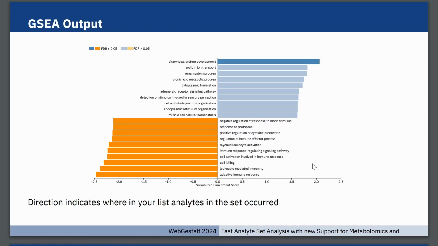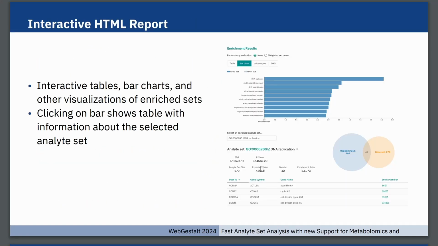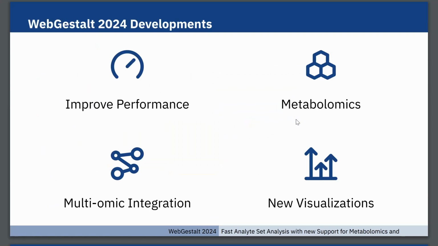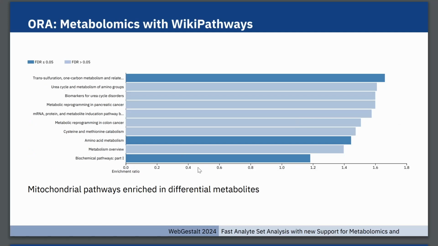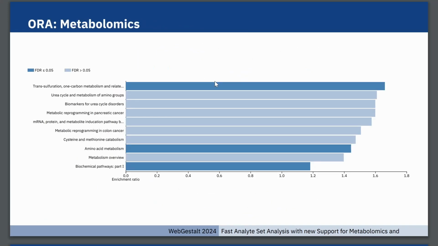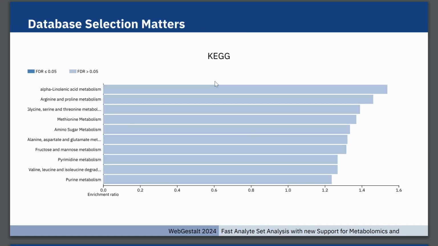How overrepresentation analysis is usually plotted is not actually by the p-value, unfortunately I can't zoom in, but here it's actually by the enrichment ratio, which is basically like this is 1.6 times more enriched. But there is FDR control that you can see, like these dark blue plots here are going to be FDR less than 0.05. And then for GSEA, there's also the p-value and FDR. So that's how it typically is done.